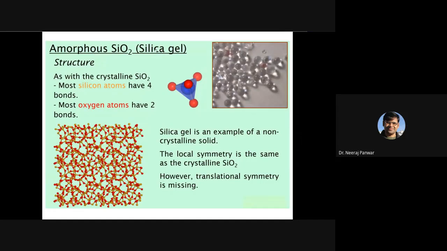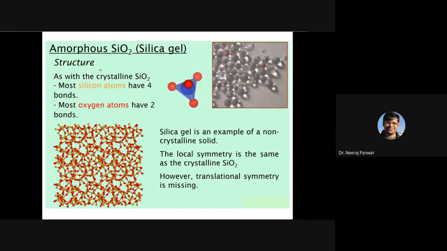So silica gel possesses an amorphous structure, though its chemical formula is SiO2. It is also silicon dioxide, but it has an amorphous structure. And as I told you, in an amorphous solid, the periodic arrangement is only up to a very short distance. It does not extend far.